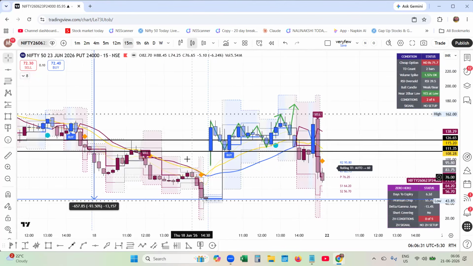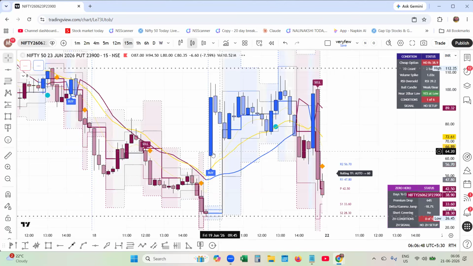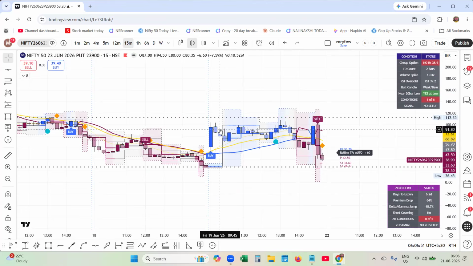Here Nalini Precision Engine was able to pick it up. The value is not very low. It picked up the 23,900 put option here and it started blasting. You could have taken this. The squeeze had happened here.